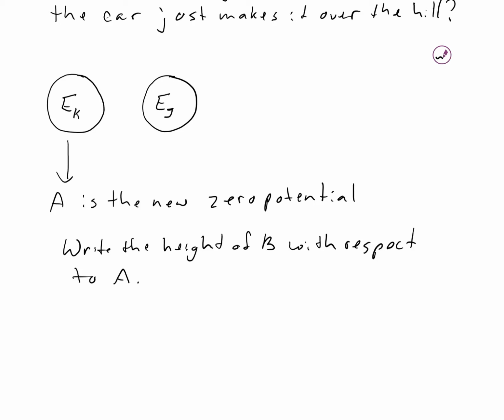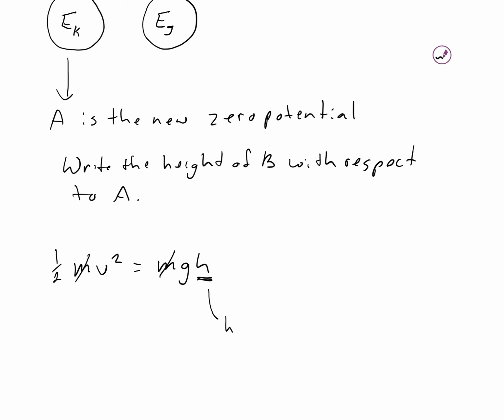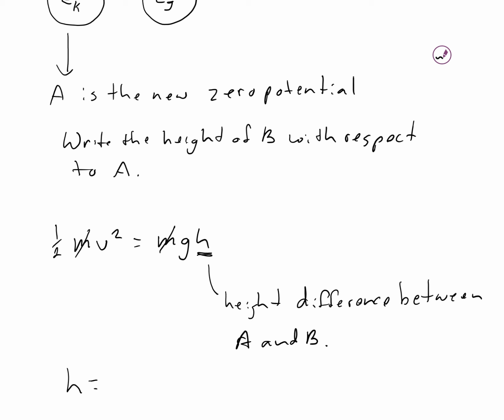Well, that simplifies my life because then I can just say 1/2 mv squared is equal to mgh. Still don't need to know the mass, but what I have now is h is the height difference between A and B. And I can solve for that, so h is equal to 1/2 v squared all divided by g.